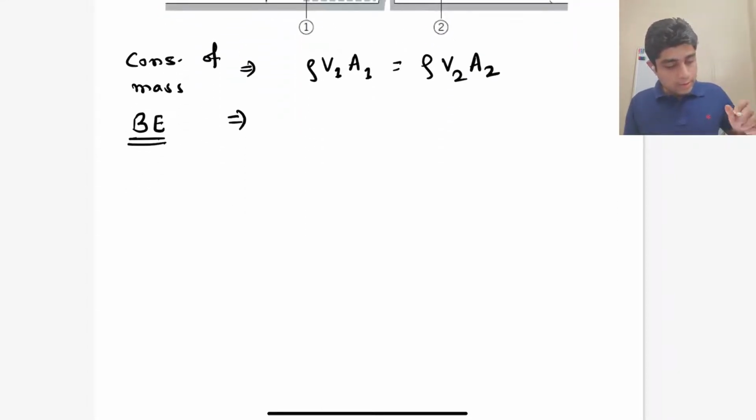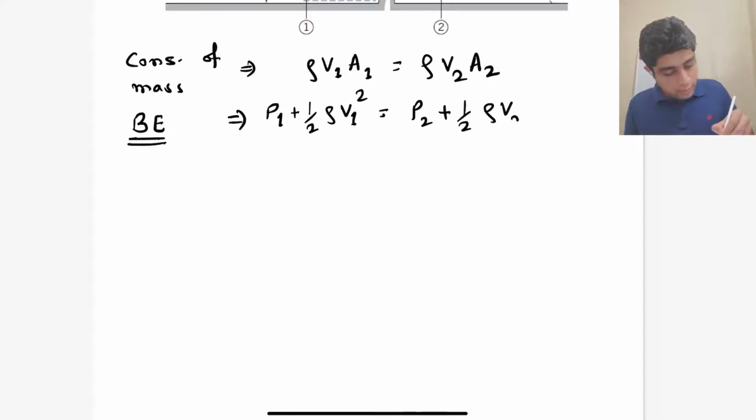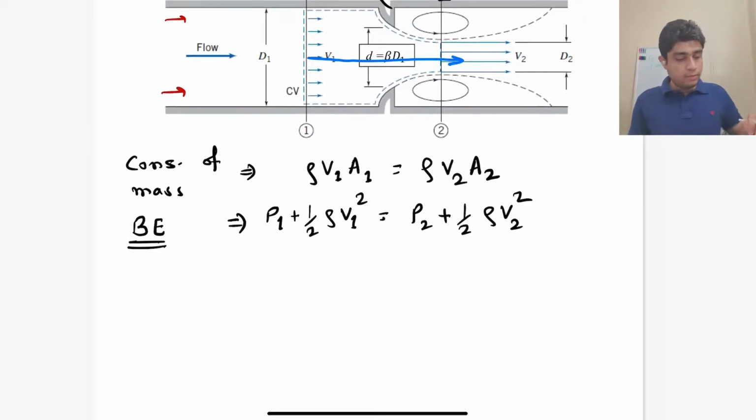So the Bernoulli equation tells us that P1 plus half rho V1 squared is equal to P2 plus half rho V2 squared. So P1, V1 and P2, V2 are pressures and velocities at point 1 and point 2.